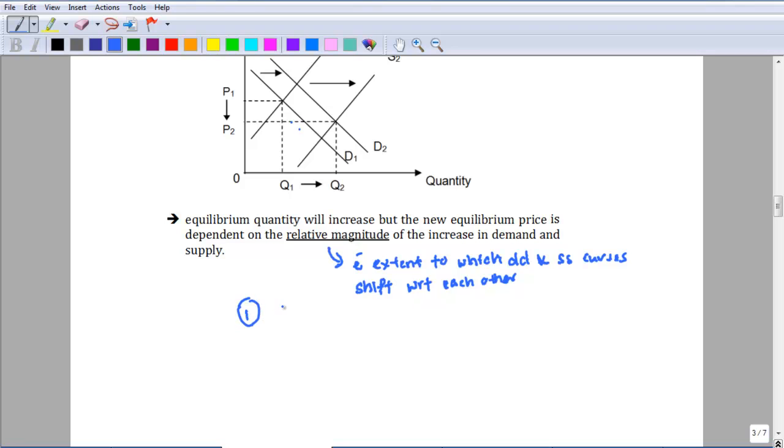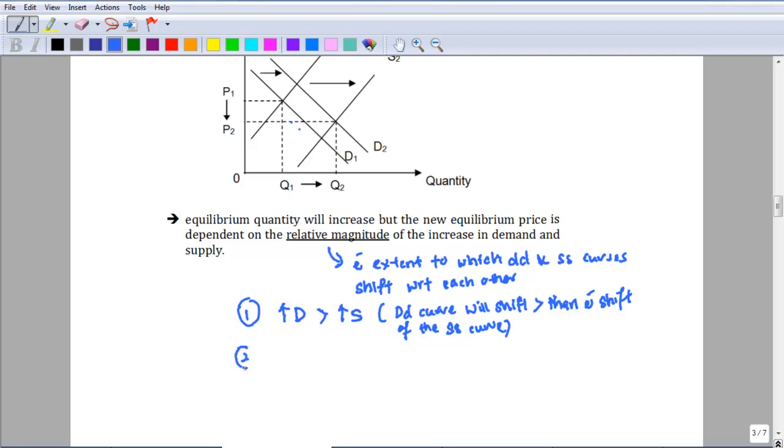It could be a case whereby the increase in demand is more than the increase in supply. So for this case, your demand curve will shift more than the shift of the supply curve.